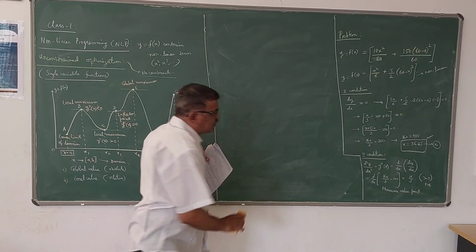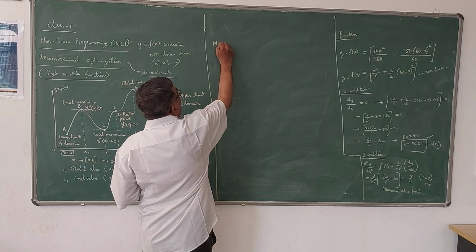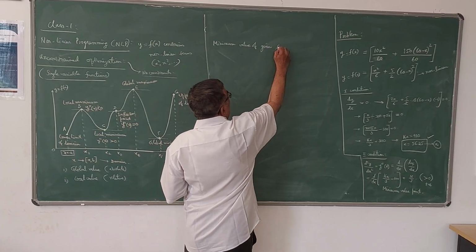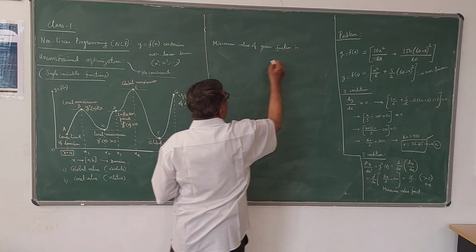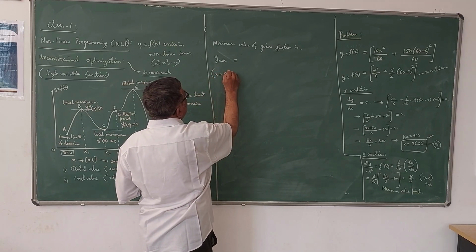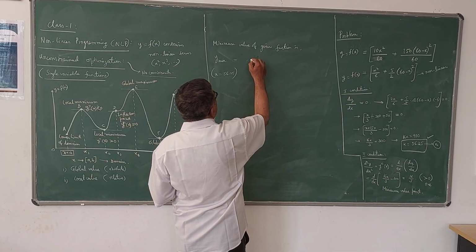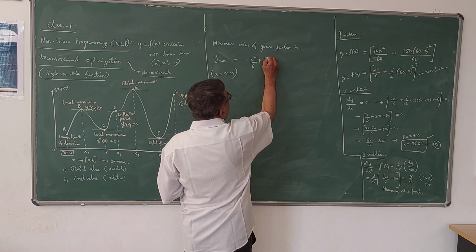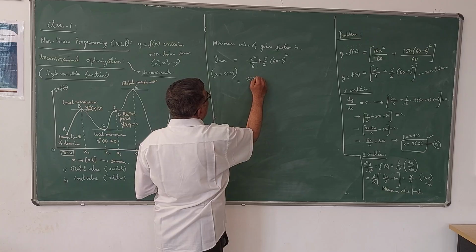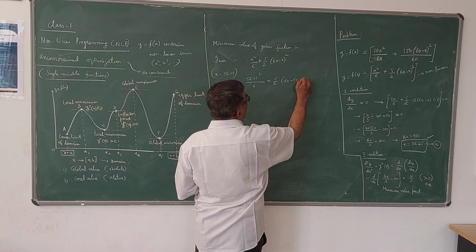So the minimum value of the given function is y minimum equal to x square by 6 plus 5 by 2 into (60 minus x) whole square, with x equal to 56.25. So that is 56.25 square divided by 6 plus 5 by 2 into (60 minus 56.25) square.